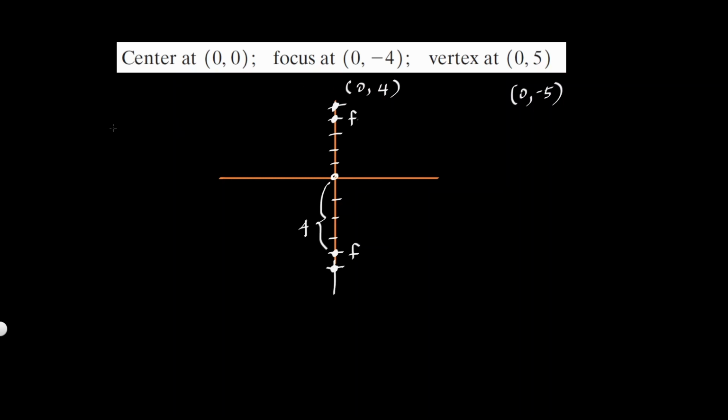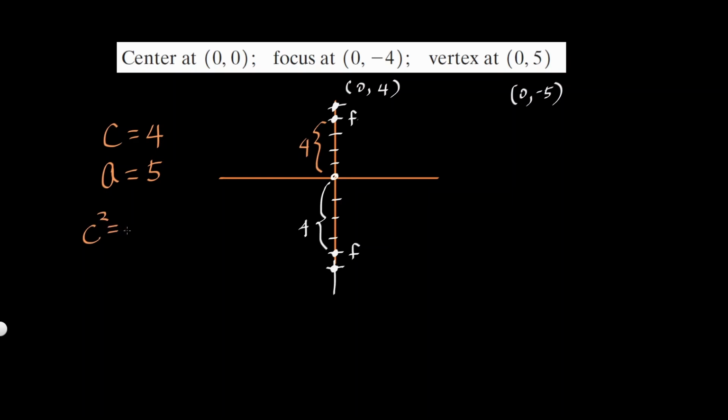Okay, now C is how far the focus is away from the center. So it's going to be 4. That's our C. So C is going to be 4. A is going to be how far the vertex is away from the center. So it's going to be 5. Now let's find what B is, how far the co-vertex is from the center.